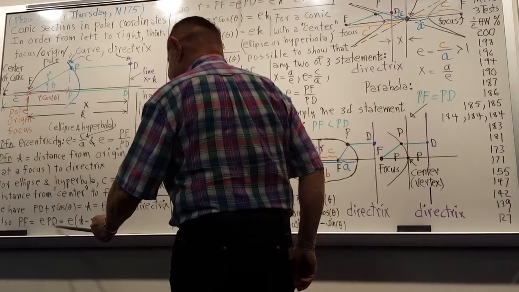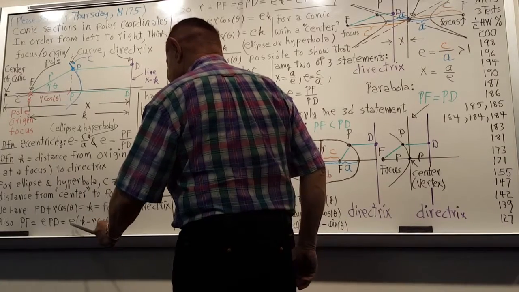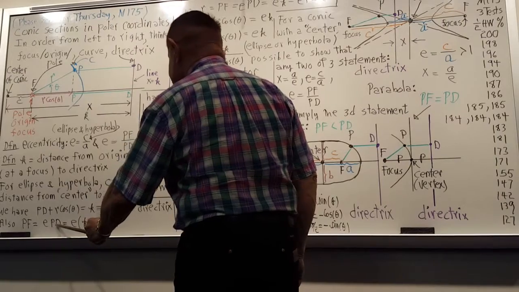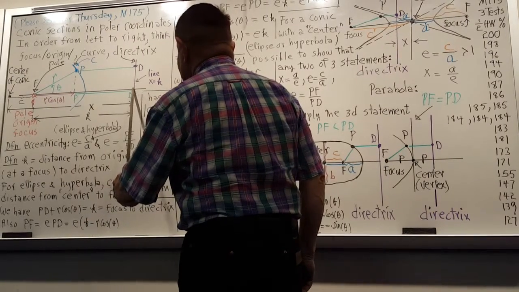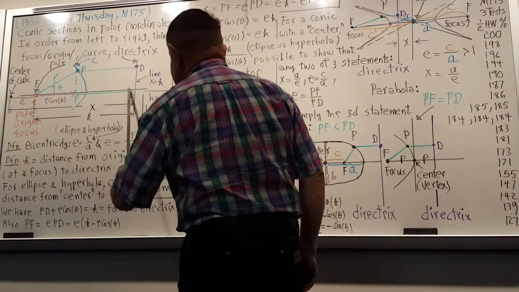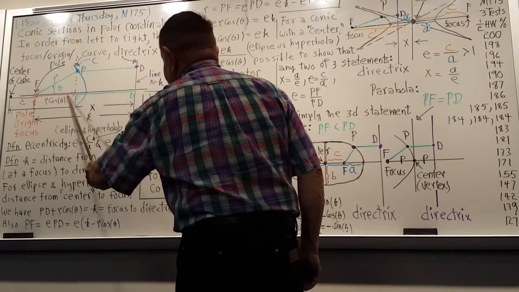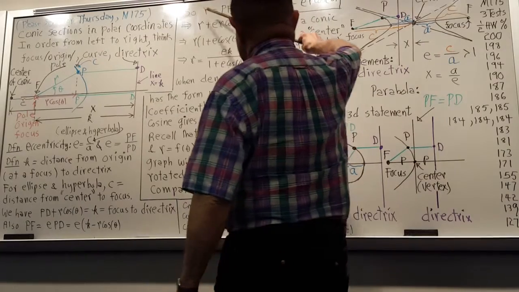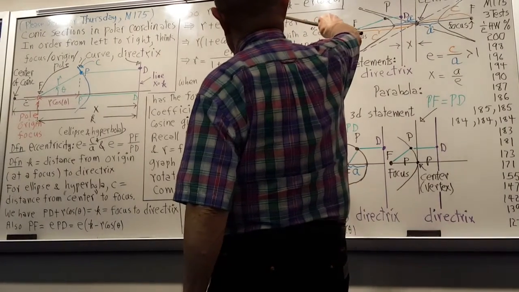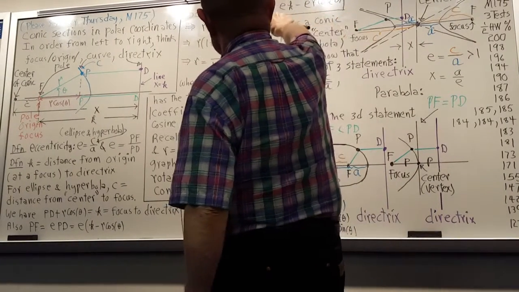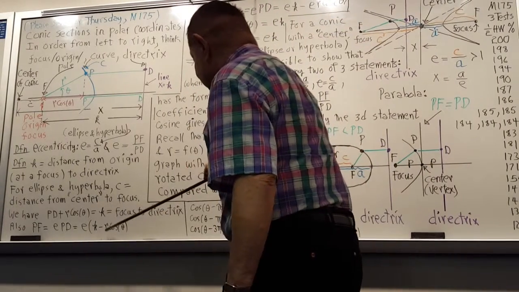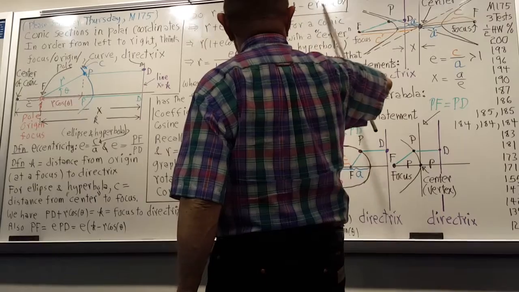So what you get then is that PD is K, this distance, minus r cosine theta. So r, which is PF, equals E times PD, says r equals E times (K minus r cosine theta).